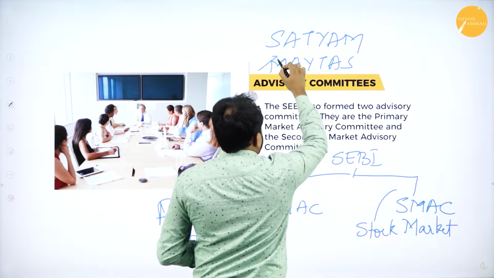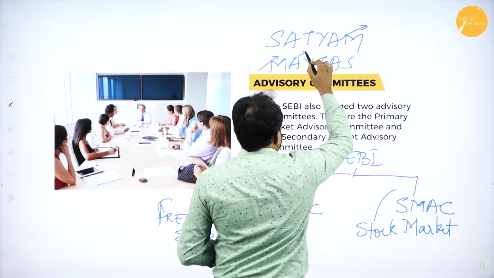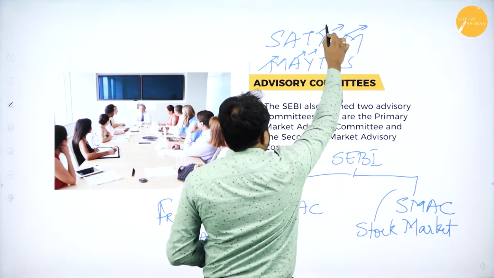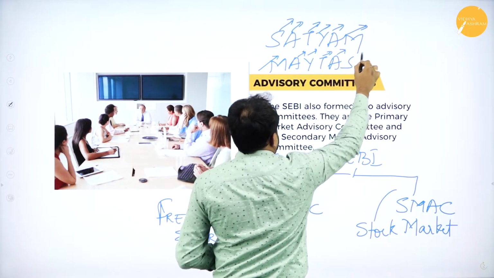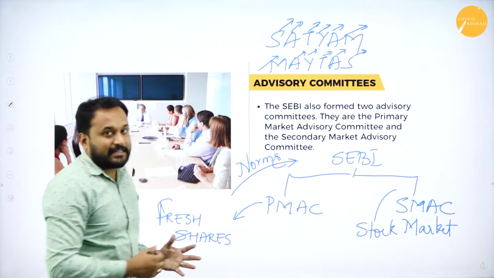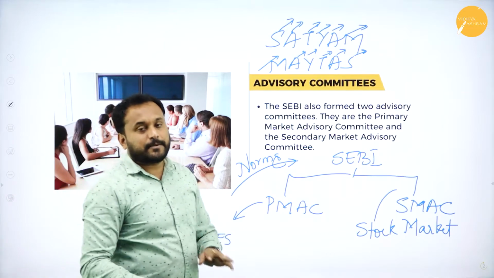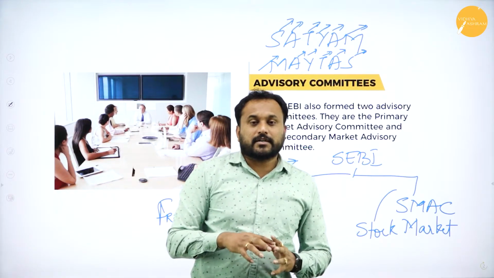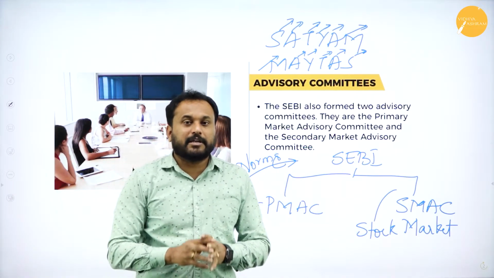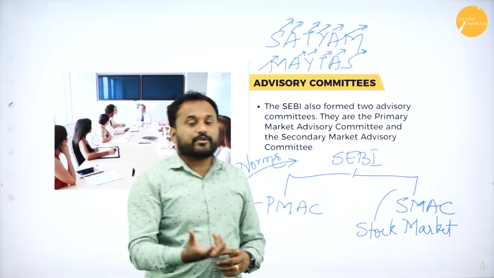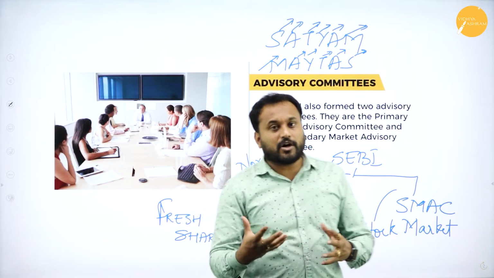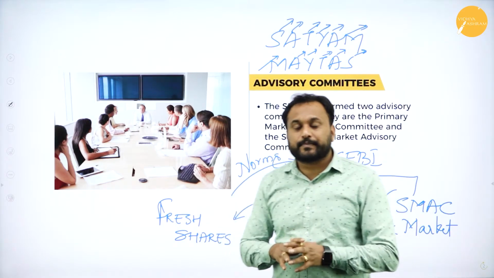Here see M, A, Y, T, A, S. So Satyam and Maytas, if you just change it, there was a malpractice being followed, and the CEO, the bureaucrats, the officials, they're all involved in the scam.